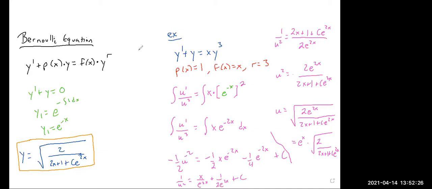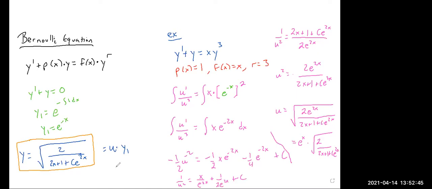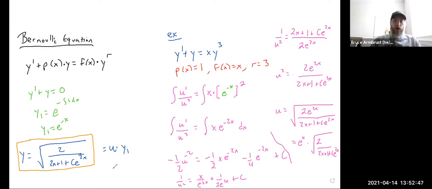So what happened to the e to the x times our square root? What happened to the e to the x? Okay, so I talked through that when I was over here with the y equals. Remember that it's u times y1. So I had, let me write it in the opposite order. So I've got my y1 is e to the minus x times my u, which is e to the x times the square root of all this stuff.